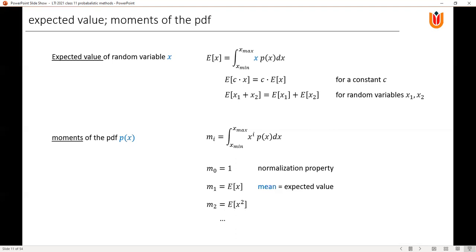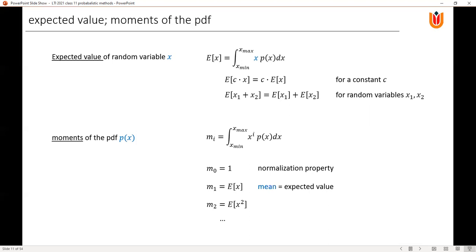If you look at these moments, for e is 0, that would mean just integrating the probability density function. That has to be 1. That was the normalization. So for a true PDF, the zeroth moment is 1. The first moment is the expectation value, the mean.